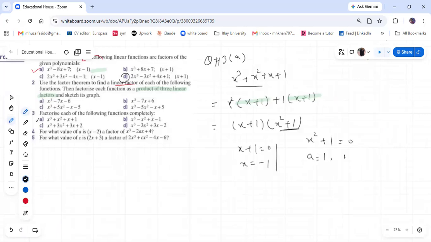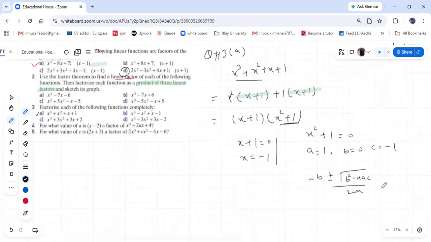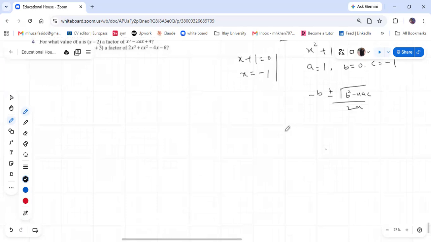A is equal to 1, B is equal to 0, and C is equal to minus 1. Our formula is minus B plus minus square root of B square minus 4AC, divided by 2A. Here B is equal to 0, so this is 0 plus minus, and 0 also here.